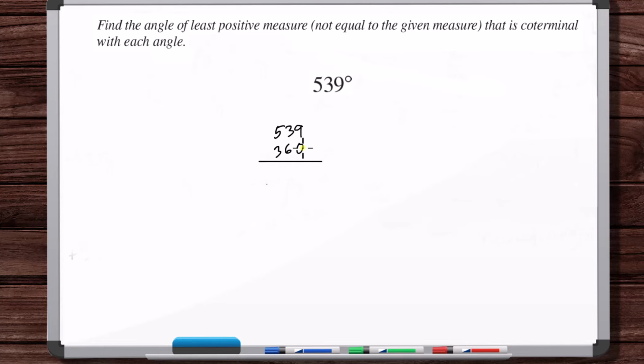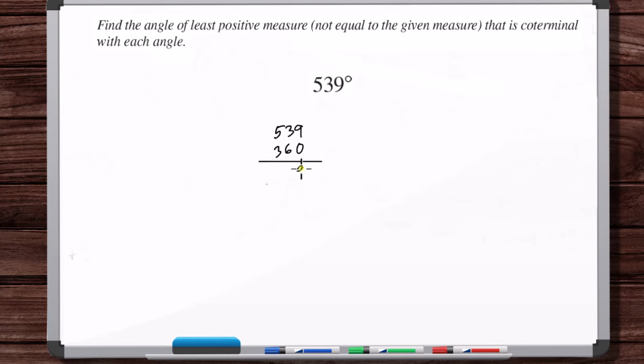Because remember, coterminal isn't just if you're plus or minus 360 away, it's any multiple of plus or minus 360 away. If you take an angle and you add 720, that's coterminal. If you subtract 720, that's coterminal. Whatever 360 times 3 is, plus or minus that is coterminal.